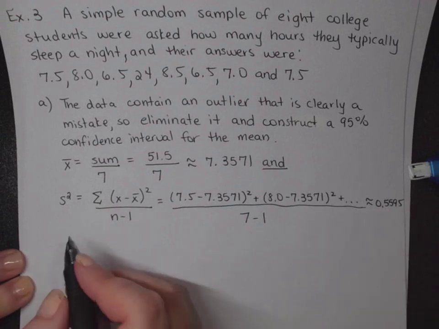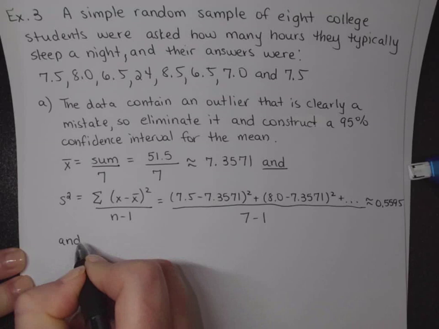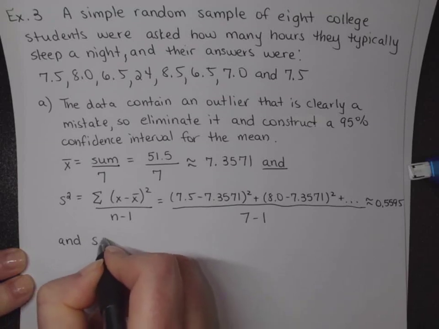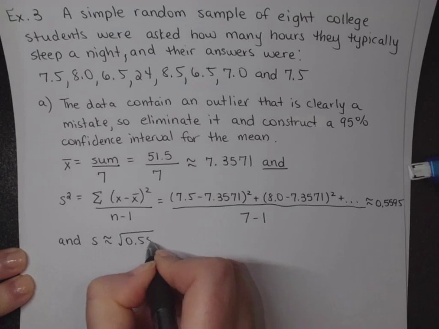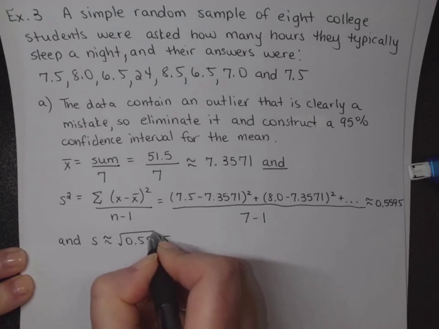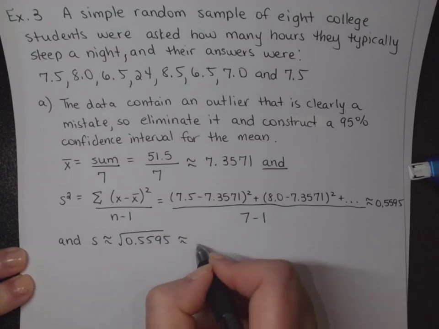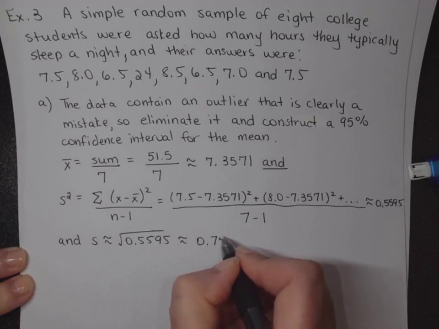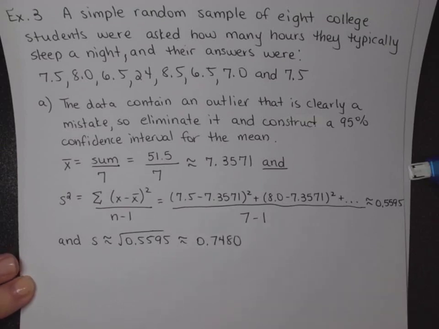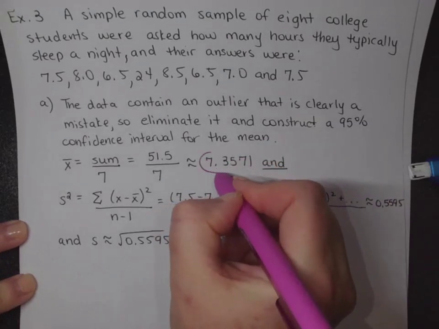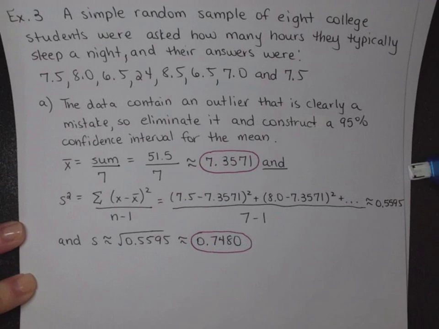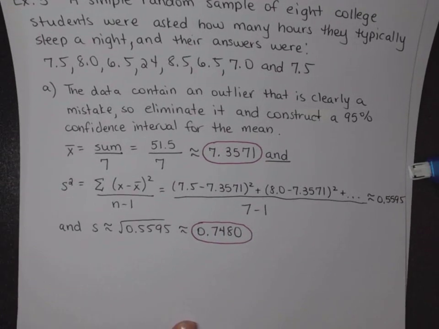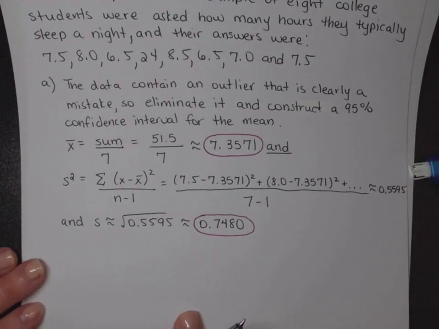Okay, so remember this is s squared, so then s would be the square root of that. Or it looks like about 0.7480. Okay, so remember these are the 2 values we need, right? We need this guy, the average, and we needed the sample standard deviation. We just had to go with our old school methods to find those things.